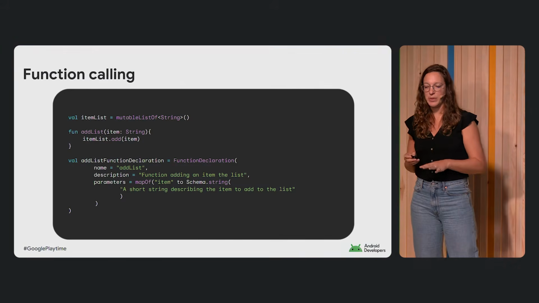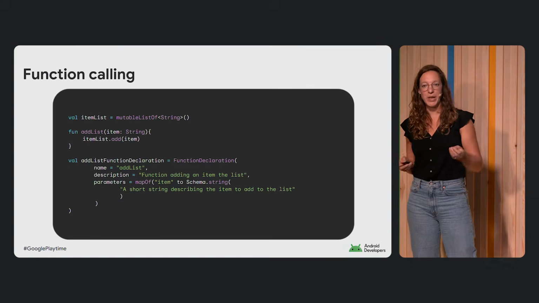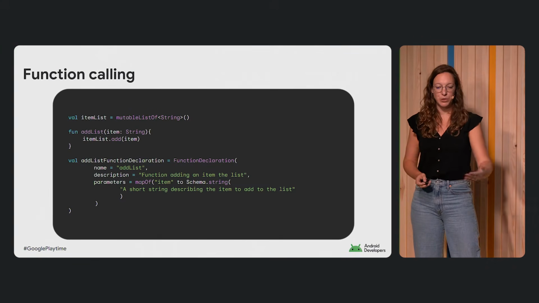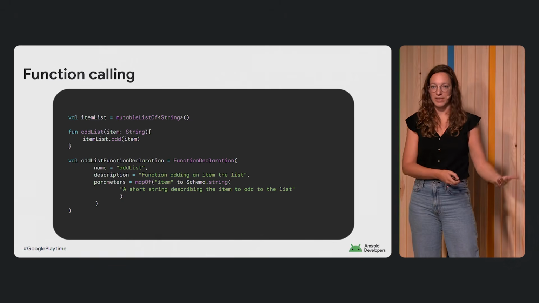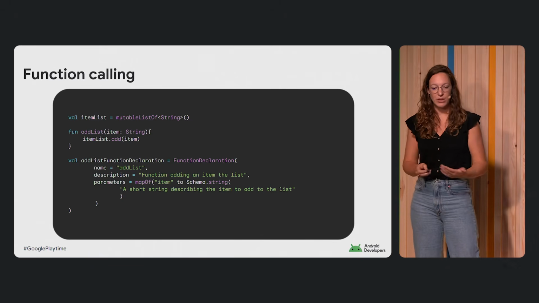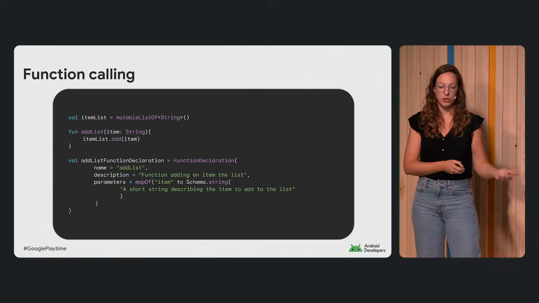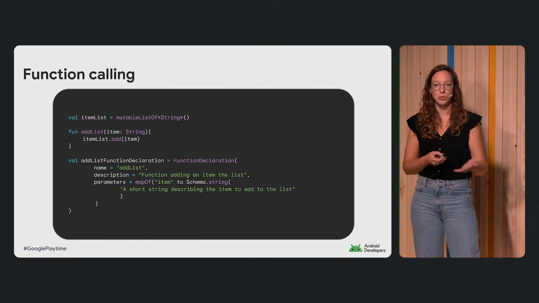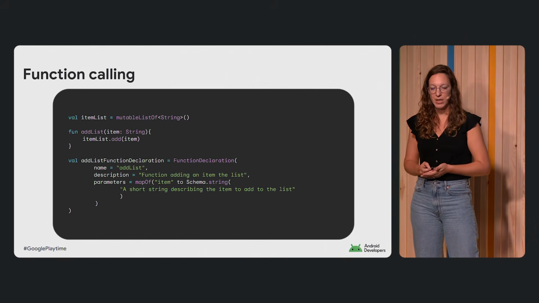So if we look at the implementation, we start by creating something called a function declaration. Here, in natural language, we describe what that function is and what it can do. In this case, we're saying we have a function called add list, which adds an item to the list, and it has a parameter, which is the actual to-do item.